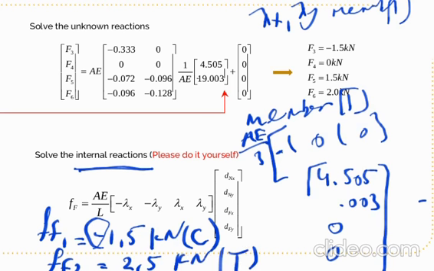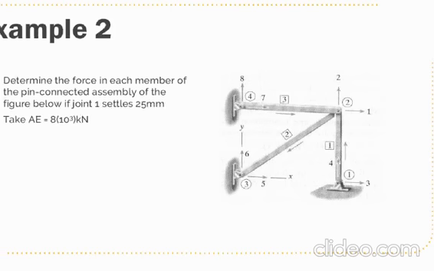So this is how we can find the forces by the stiffness matrix. Let's move to example number 2.